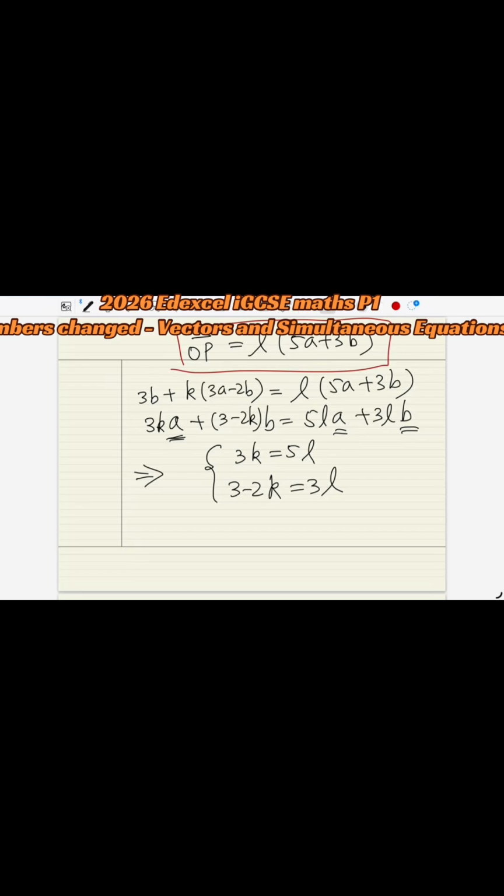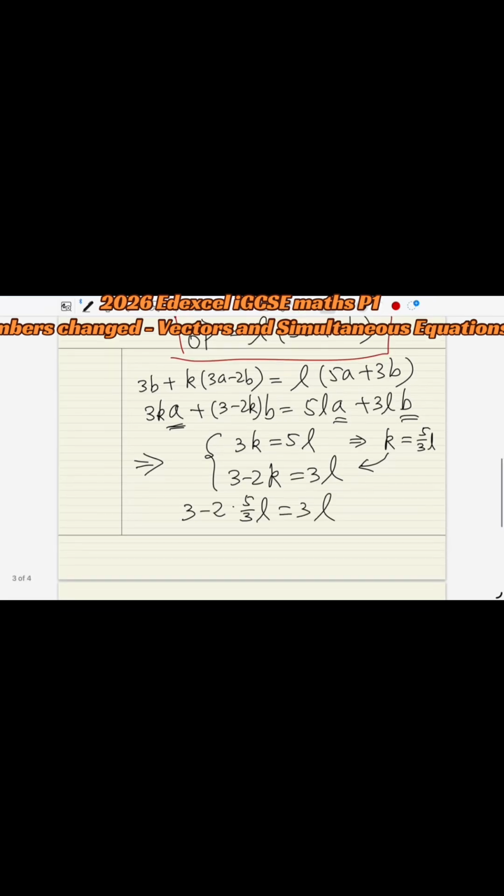From the first equation, we can simply write k equals 5 over 3 l, because we are not interested in finding k, but we do need to know l. Therefore, we substitute k into the second equation, and that gives us 3 minus 2 times 5 over 3 l equals 3l.